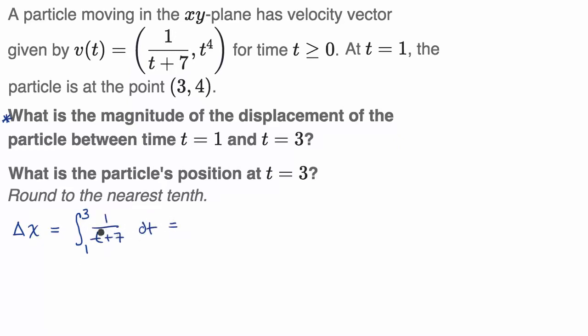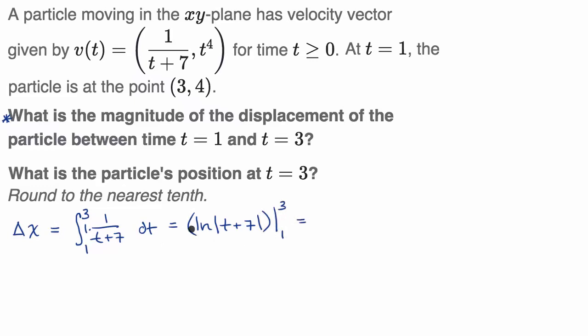Well, you might want to do u substitution if you're unfamiliar, but you might recognize that the derivative of t plus 7 is just 1. So you could think of this as 1 times 1 over t plus 7. And so we really can just take the antiderivative with respect to t plus 7. So you get the natural log of the absolute value of t plus 7, and we are going to evaluate that at 3 and then subtract from that it evaluated at 1.